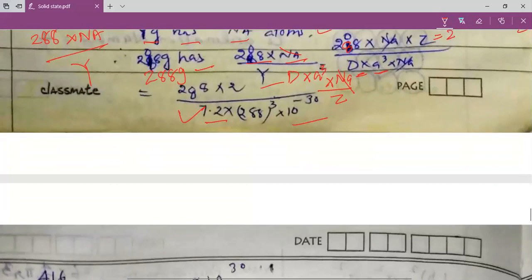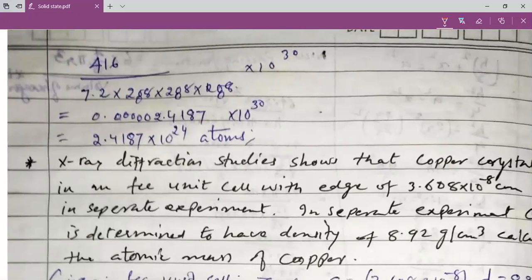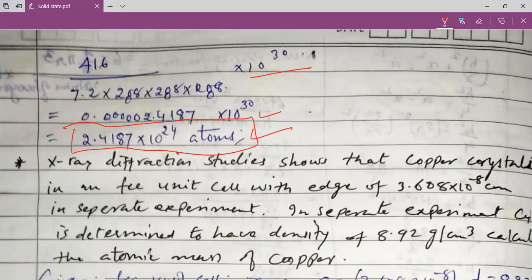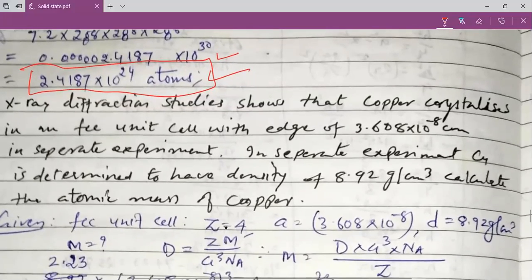When this 10 to the power minus 30 goes into the numerator, it turns out to be positive, and by doing the calculation we find the answer as 2.4187 × 10^24 atoms. These kinds of questions are very easy to solve if you have the ability to do proper mathematical calculation, that is multiplication and subtraction.